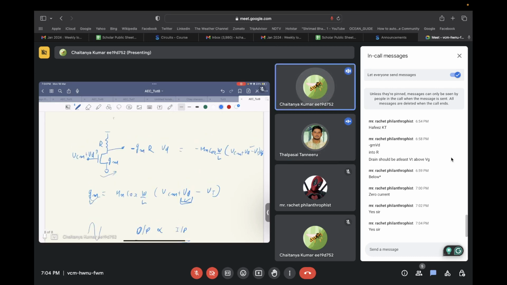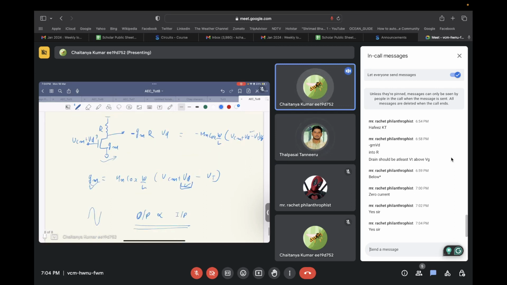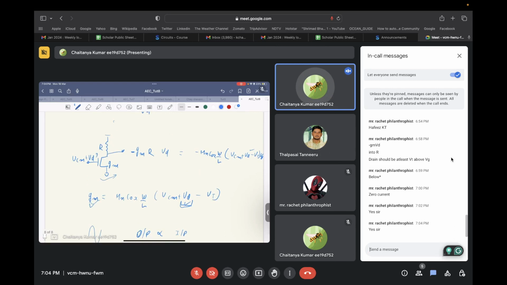In actual you want a linear system, so there is one increment to the system. Why is the system non-linear? Because your GM is depending on the input voltage.